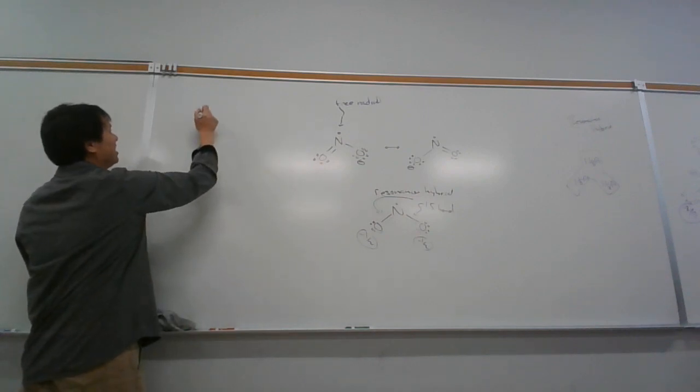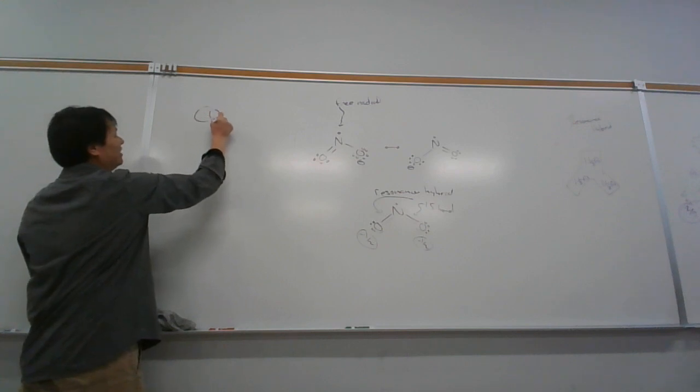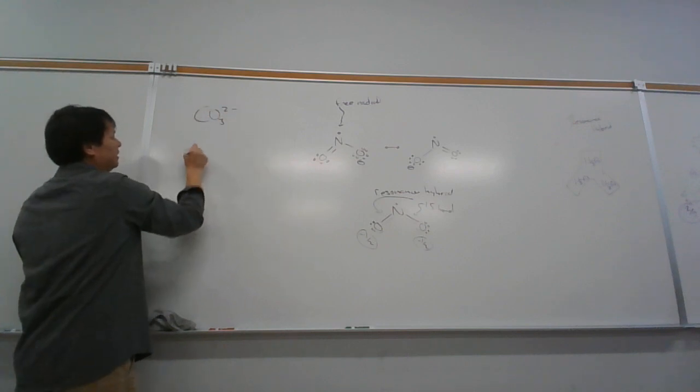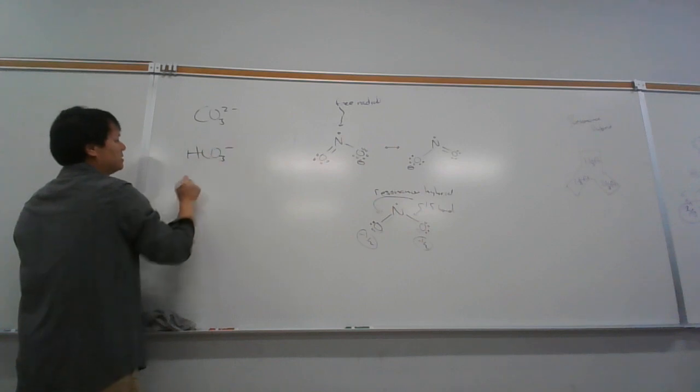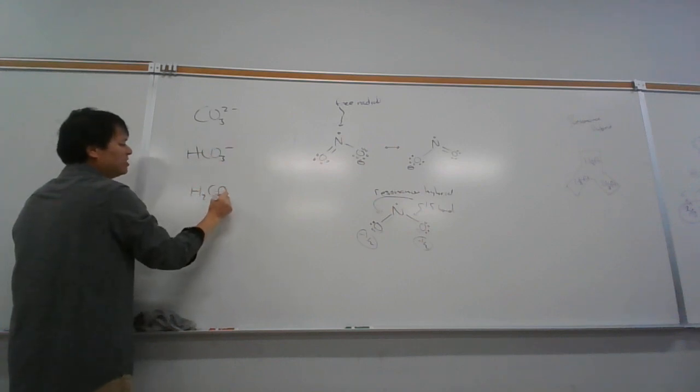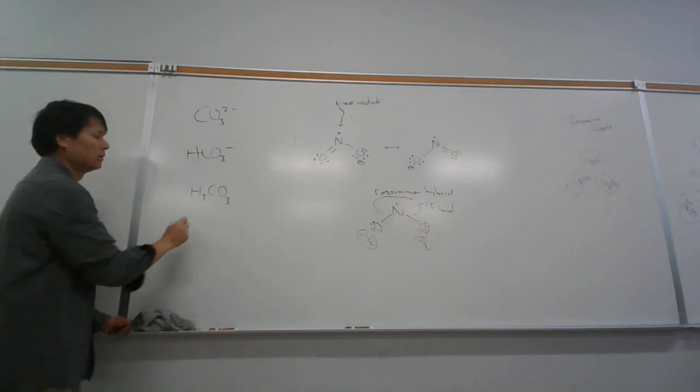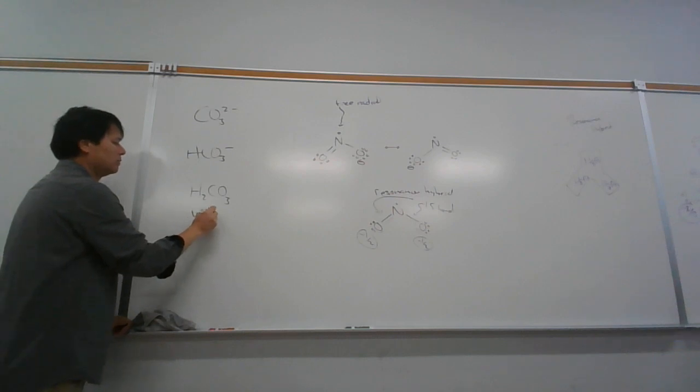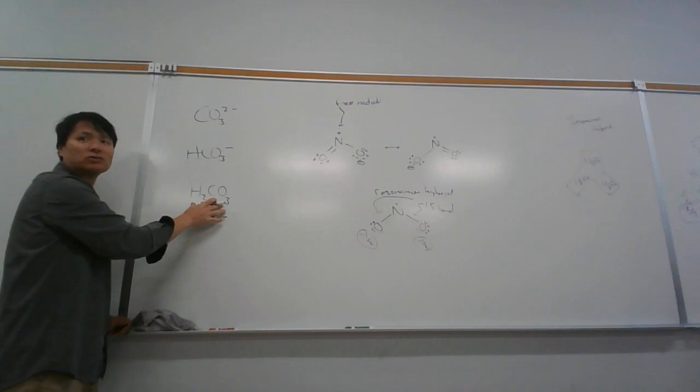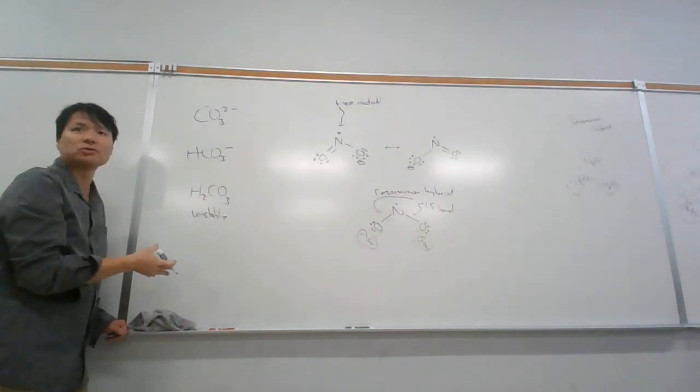Okay, I want you to draw the Lewis structures for CO3 2-, HCO3-, and H2CO3. H2CO3 is unstable, right? H2CO3 decomposes, but just draw the Lewis structure for H2CO3 because you can draw a stable structure for this.